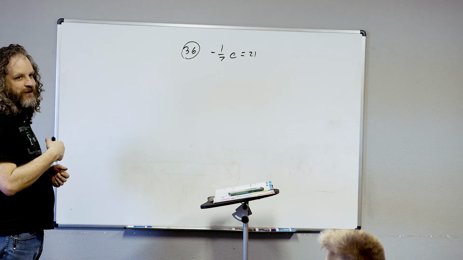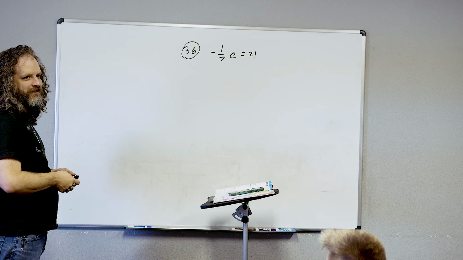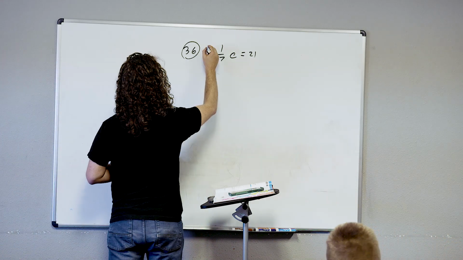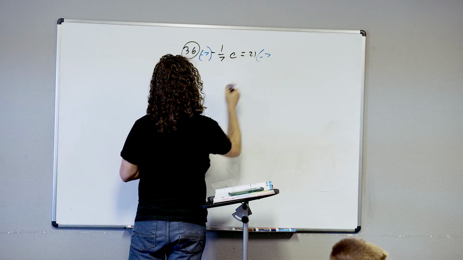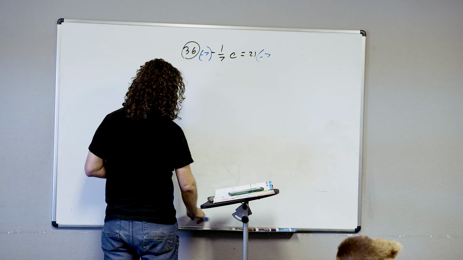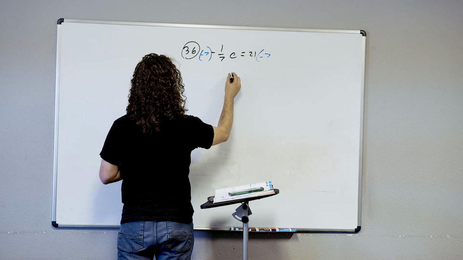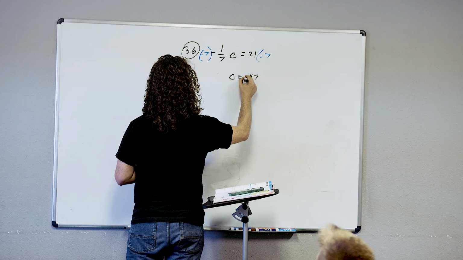So we do the opposite to get rid of it. Divide by 1/7. How do we divide fractions? Flip it. Multiply by the reciprocal. So C equals negative 147.